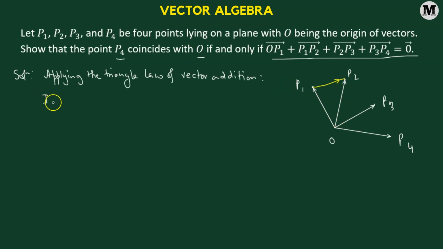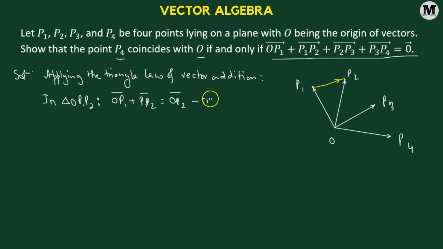We'll start with the vector OP1, and then add it to the vector P1P2. The sum of these two vectors is going to give us the resultant vector, which is going to be the third side of the triangle, OP2. So we have the OP2 vector, that's the resultant of the sum of the OP1 and P1P2 vectors.